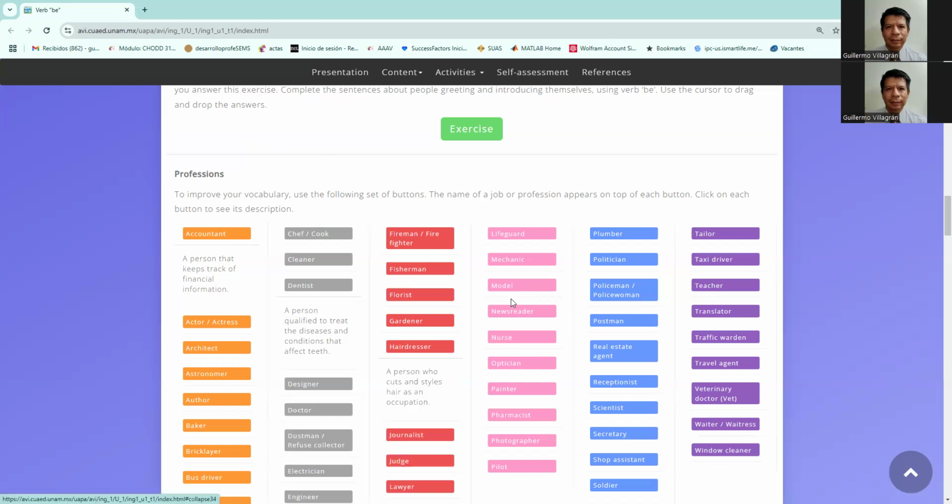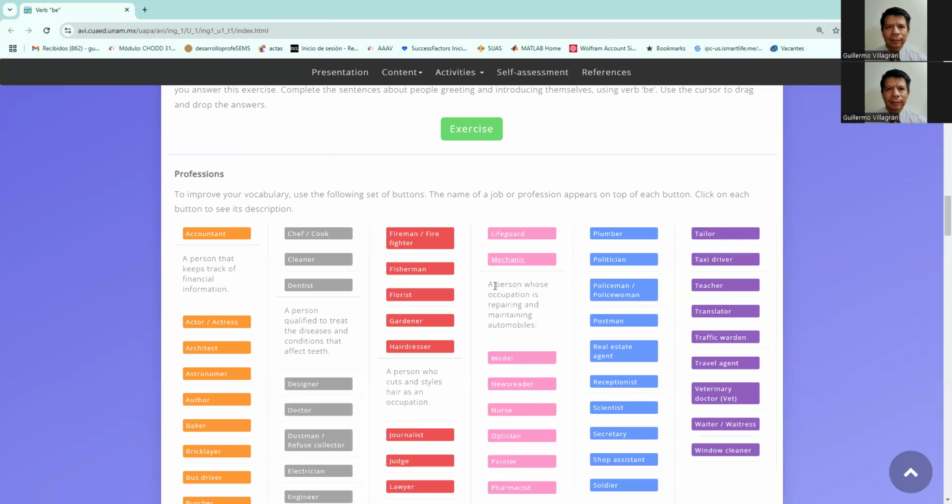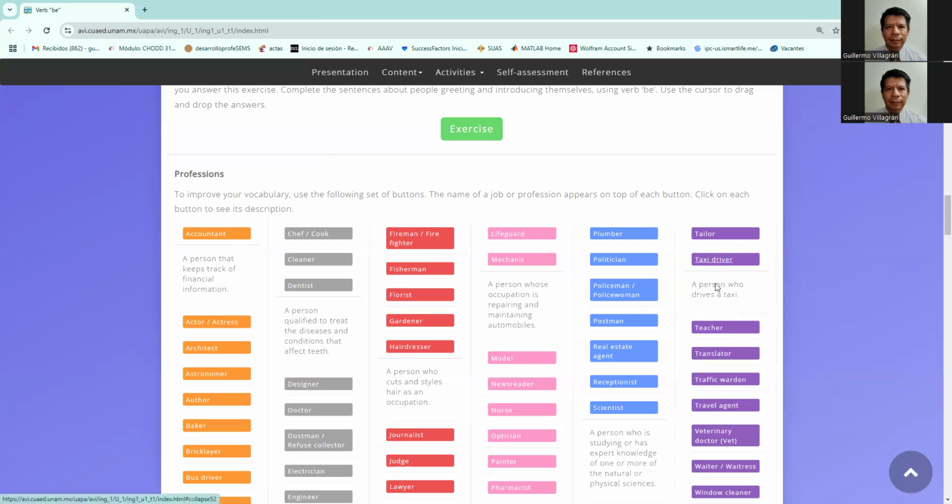Mechanic is a person whose occupation is repairing and maintaining automobiles. Scientist is a person who is studying or has expert knowledge of one or more of the natural and physical sciences. And finally, taxi driver: a person who drives a taxi.